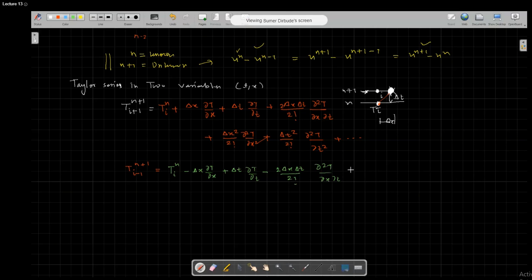And these are square terms, so the square of a negative is still positive, so delta x square by 2 factorial, del 2T by del x2, plus delta t square by 2 factorial, del 2T by del t square, plus other terms. Okay, so you got this, how to do?